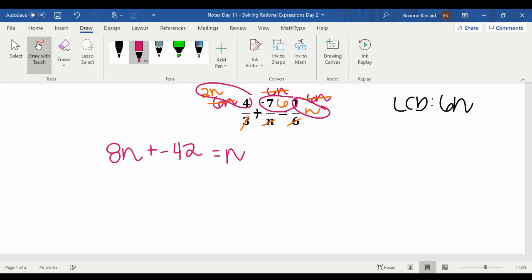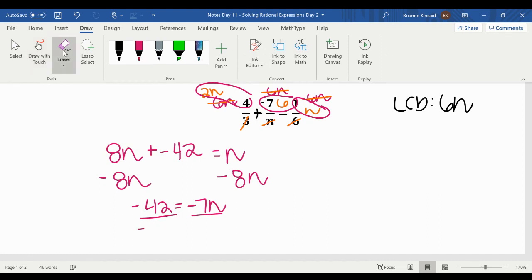And we've made this a very, very simple equation to solve. From here, all I'm going to do is subtract my 8n over. So -42 equals -7n. I divide by -7, and I'm going to get that n equals 6.